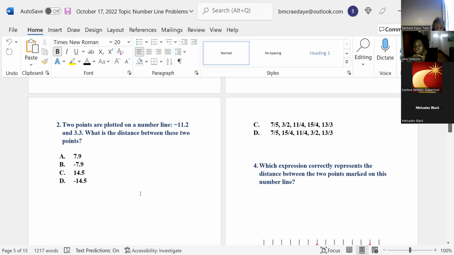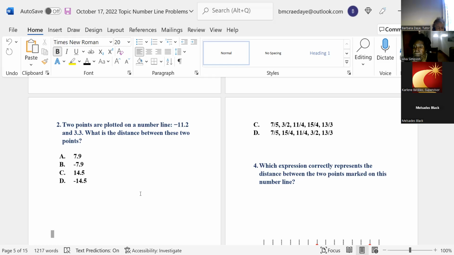Think of the number line. From a minus 11.2 to 0, how far did you move, Michelle? On the number line, the negative 11 is going down, is decreasing.